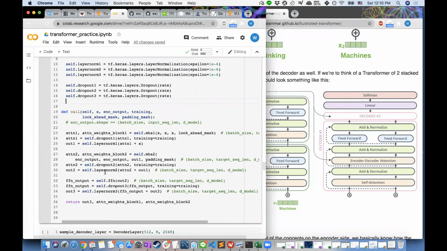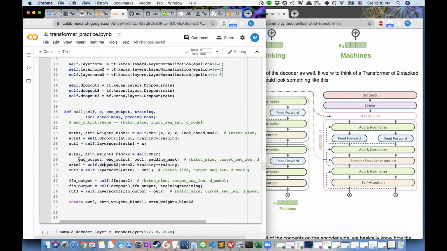Okay, and we're calling that with encoder output and output 1.